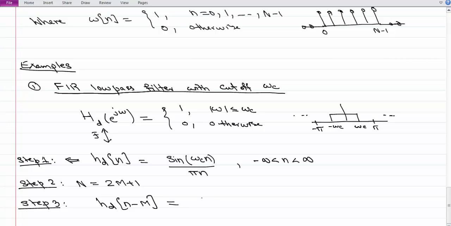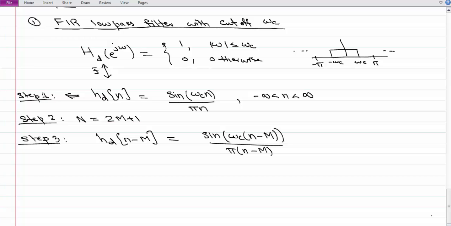So h_d of n minus M is simply equal to sine of omega c (n minus M) over pi (n minus M). Of course, this is still an infinite length filter. And the final step, which is the windowing step, is that you only use the values from 0 to N minus 1. Set everything else to 0.